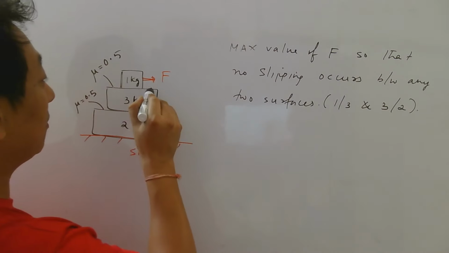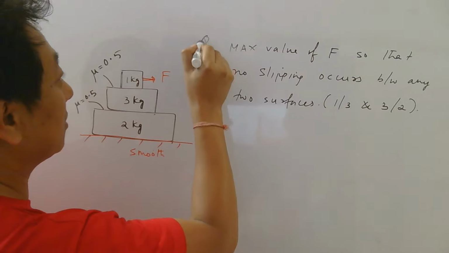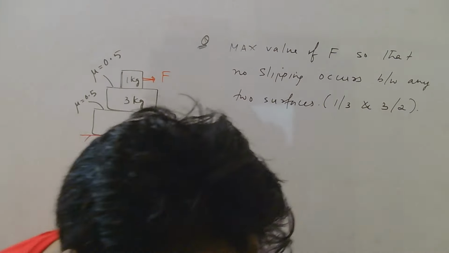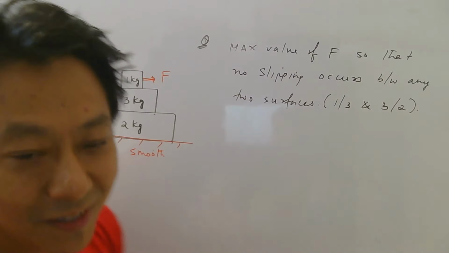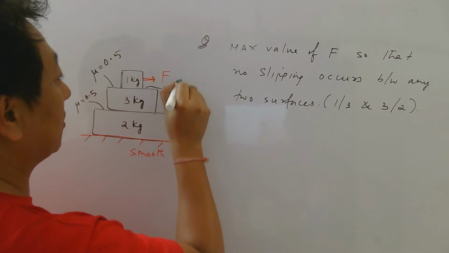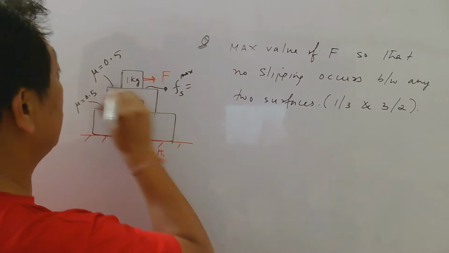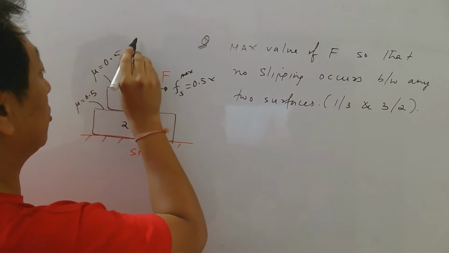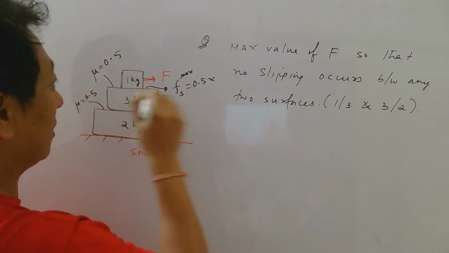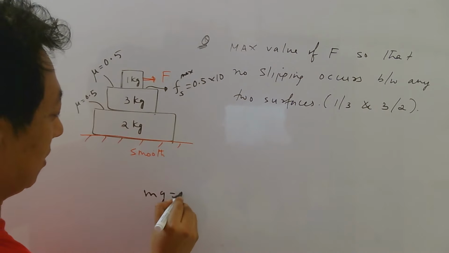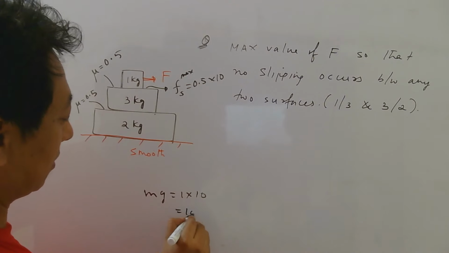To answer this question, first we will calculate the maximum value of static friction. Here, mu is 0.5. Normal force N should balance the weight of 1 kg, which is mg, 1 into g, that is 10 Newton.